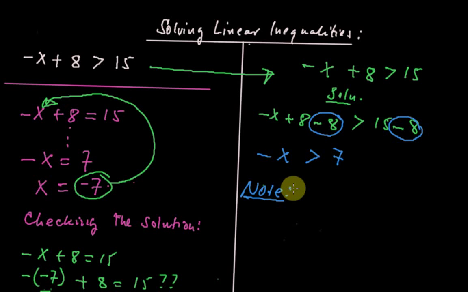It's very important that multiplying or dividing both sides of the inequality by a positive number will not bring any effect.